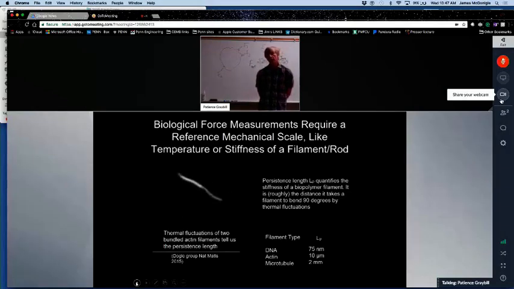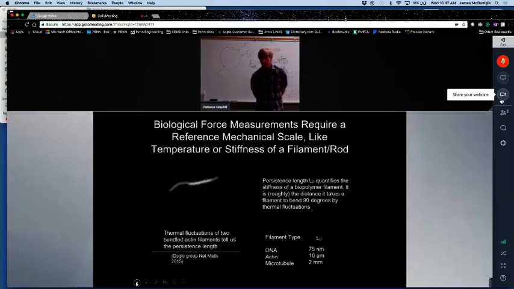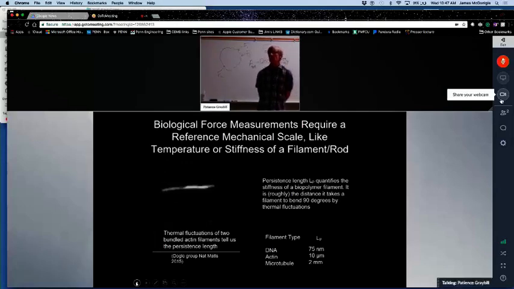We measure stiffness of filaments in terms of something called the persistence length. The persistence length is really the typical radius of curvature of the filament. So if the filament is very stiff, very straight, then the radius of curvature is going to be very large.